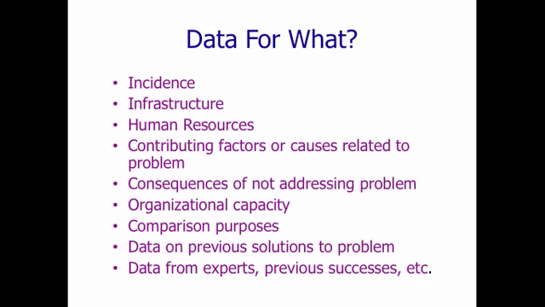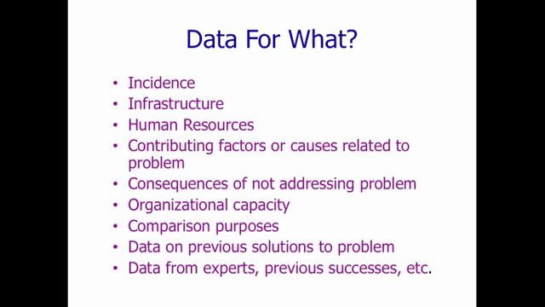But how do you get information about what the real need is to develop your situation analysis? Well, the data for that can come from many sources, and we'll talk about that in a minute. But the type of data that you'll need for your situation analysis will include incidence of disease.